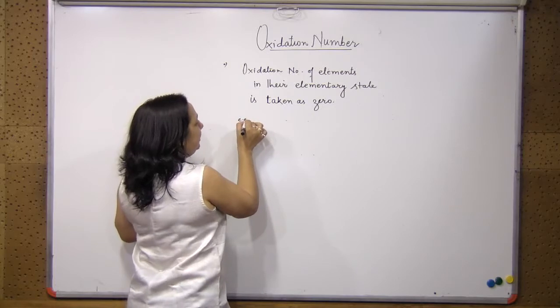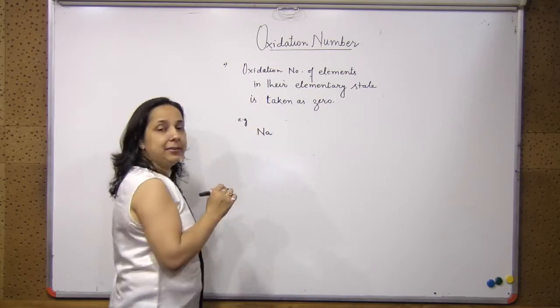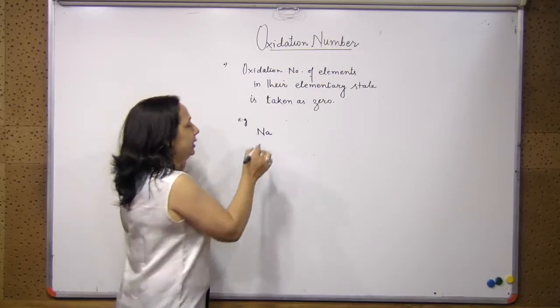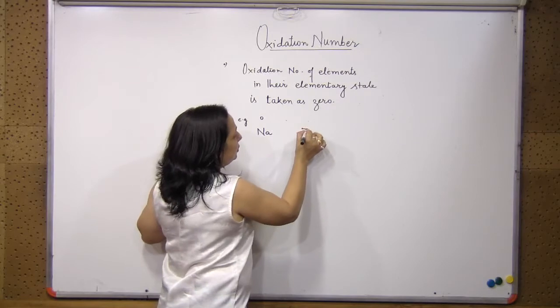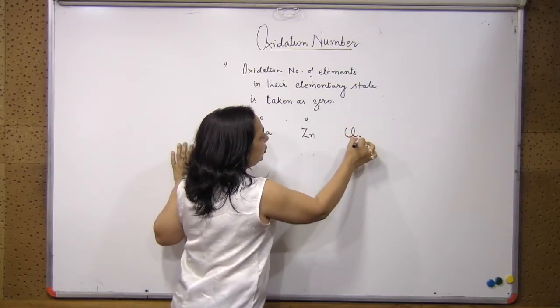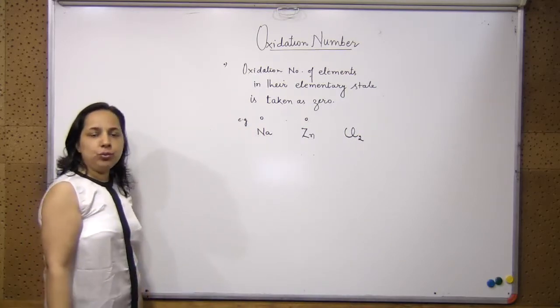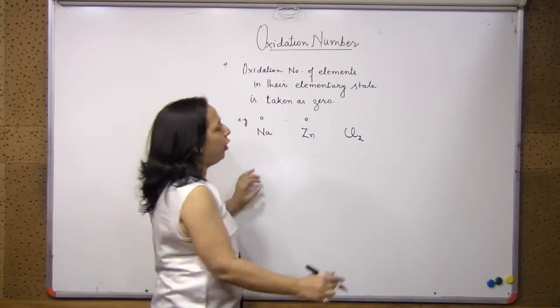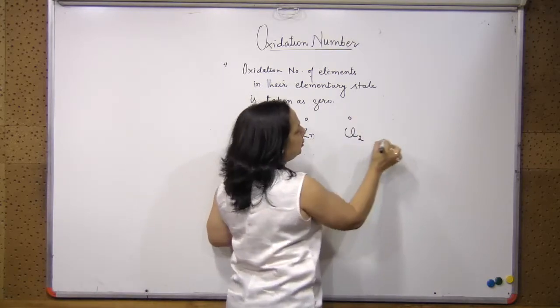For example, if it is written sodium, now it is not in a combined state, it is elementary state of sodium, we can say oxidation number is 0. Zinc, 0. Cl2. Now chlorine, elementary state of chlorine is Cl2, as gaseous Cl2 form bimolecular homoatomic, oxidation number 0.